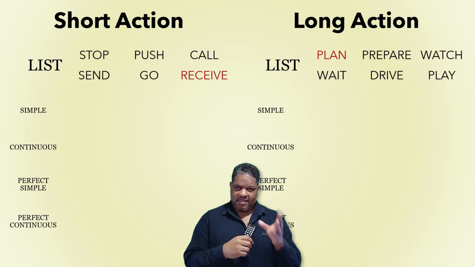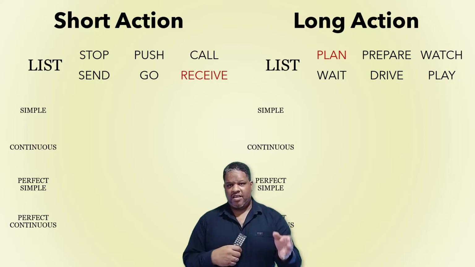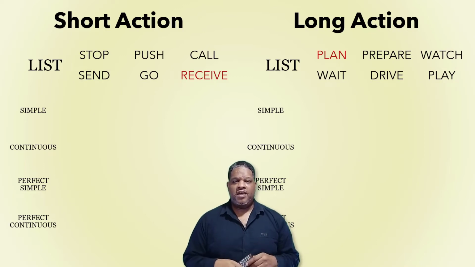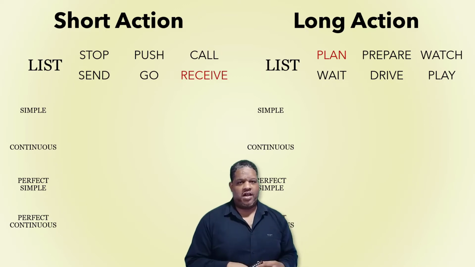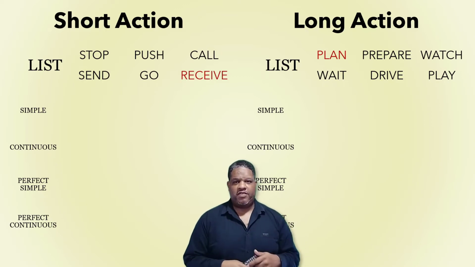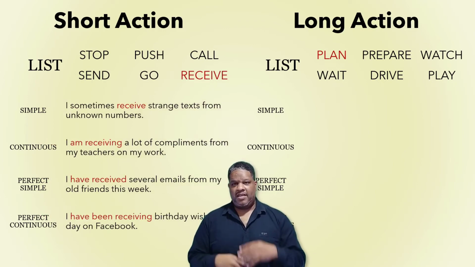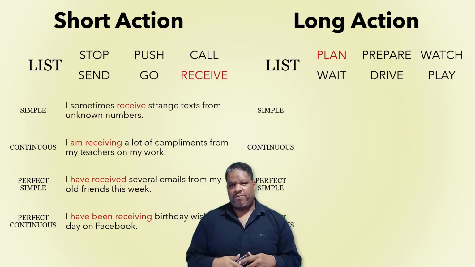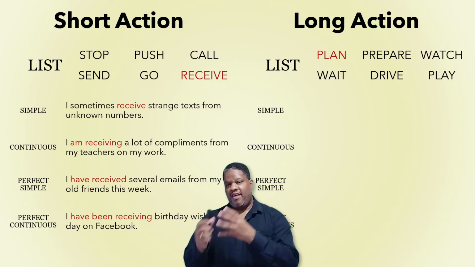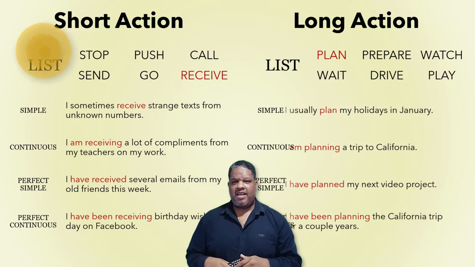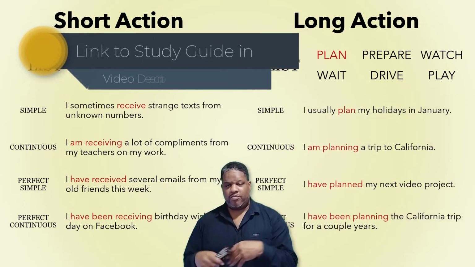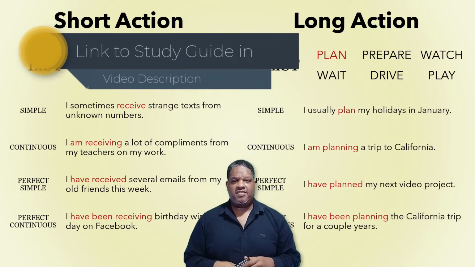And just divide the actions amongst both the columns and then work with the short action column and put them in the different tenses, and you start to understand how to use those kind of verbs in all different ways. And then you work on column B, the long actions, and then you start to really understand how to work with those kind of verbs in all the different tenses.